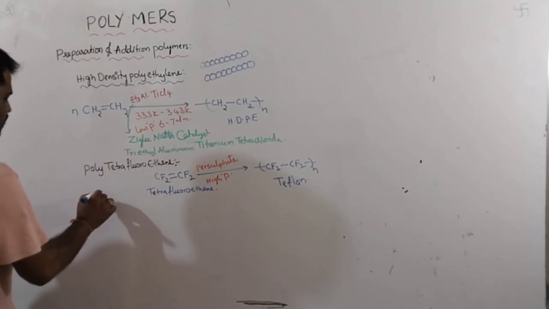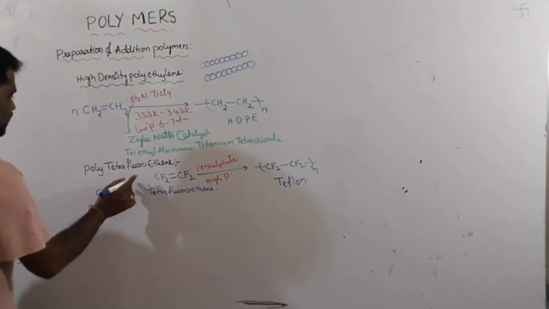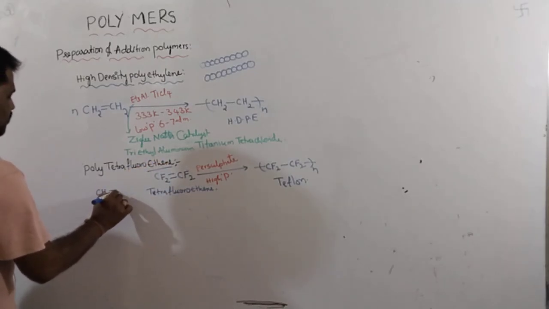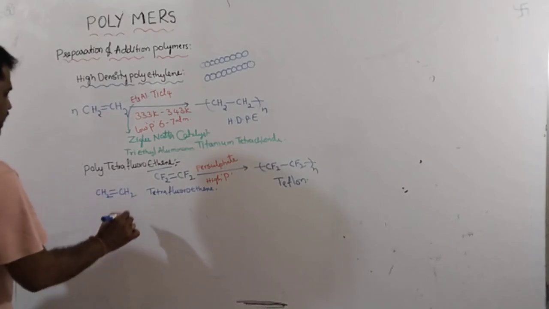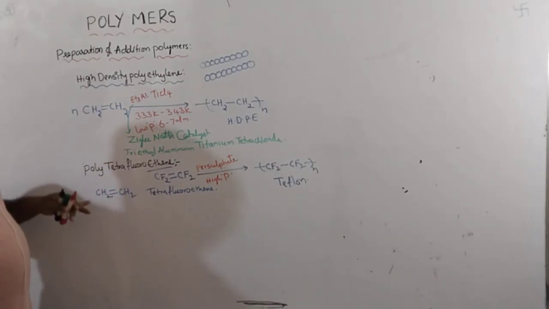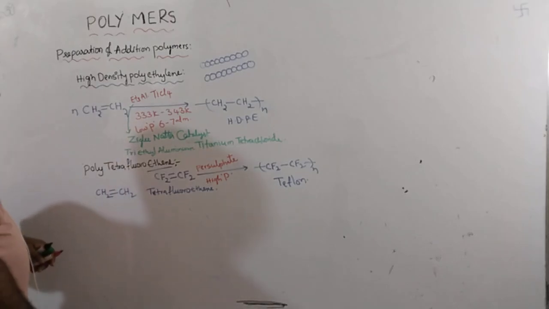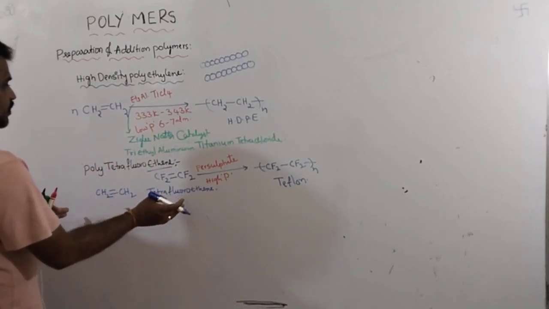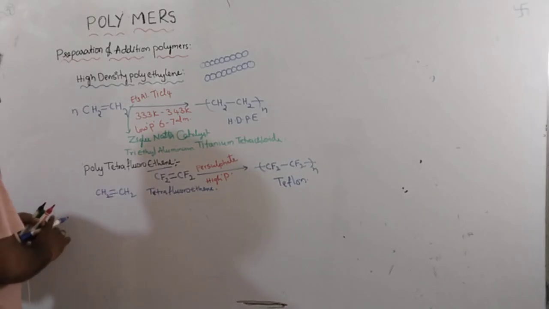You know the ethylene molecule, ethene: CH2=CH2. That is the ethene structure. They are asking about tetrafluoroethene and the formation of Teflon.